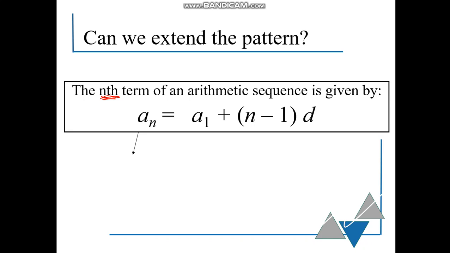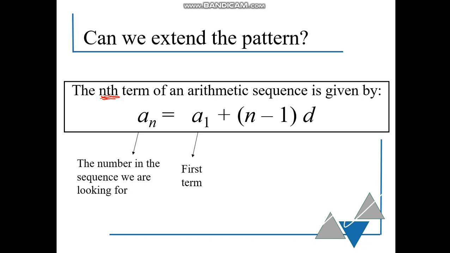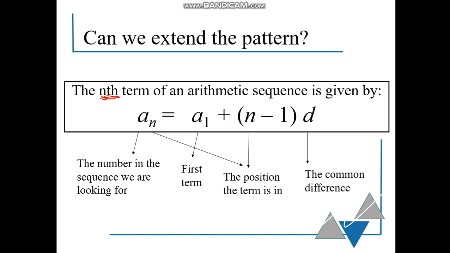A sub n is the number in the sequence that we're looking for, whatever n is equal to, 20, 100. A sub 1 is that first term. n is the position of the term. Is it first, second, third, 100th? That's what the n stands for. And D is our common difference.